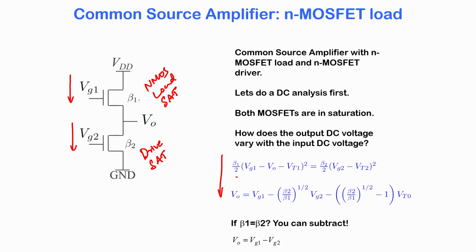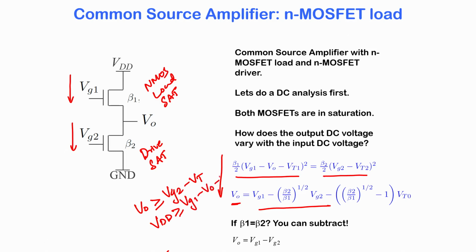By equating these two currents we obtain a relation for V out, and all you have to do is ensure that V out is greater than Vg2 minus Vt, and that VDD is greater than or equal to Vg1 minus V out minus Vt for both these MOSFETs to be in saturation.